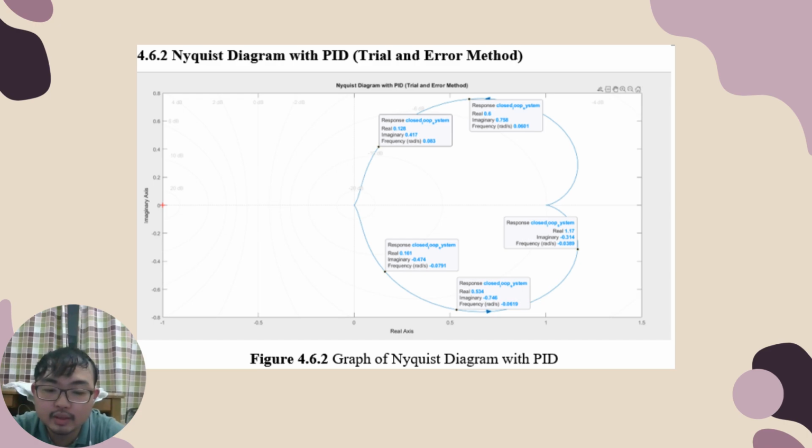The plot remains on the left side of the real axis without encircling the critical point (-1, 0), confirming that the system is stable under the current control setting. Additionally, the absence of any crossing on the right side of the plot suggests that the system remains stable across higher frequencies as well.